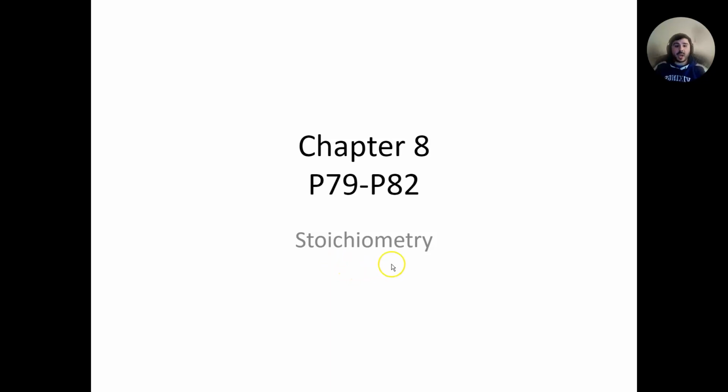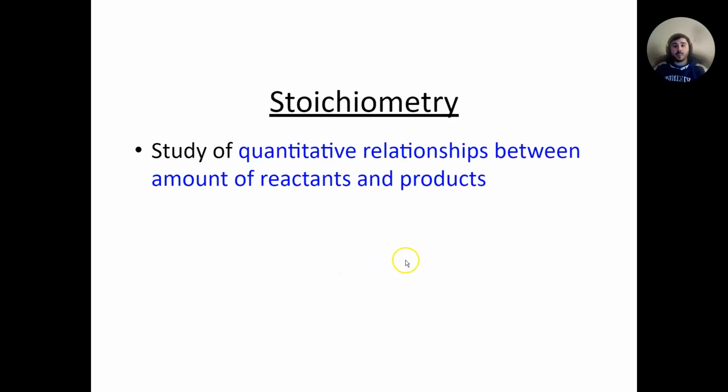Now, stoichiometry, I know it's a funky name, but stoichiometry is the study of quantitative relationships between an amount of reactants and an amount of products. So it's really just looking back at chemical equations like we did back in chapter 7 and doing some comparisons between some of the reactants and some of the products, and mixing in this mole stuff that we've been learning about, right? We've been spending a lot of time in chapter 6 talking about moles, and we're going to mix what we did in chapter 7 and chapter 6 when talking about stoichiometry here.